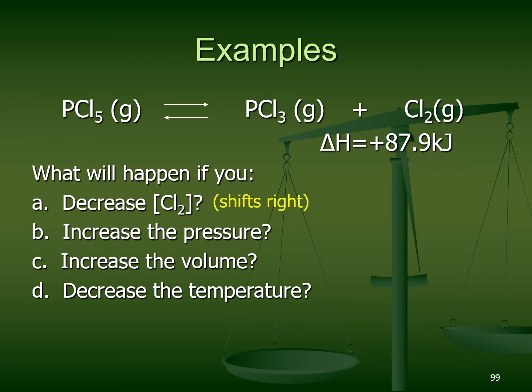If you increase the pressure, increasing the pressure means shifting to the side with fewer gas molecules, which is the left. Increasing the volume, you're decreasing the pressure, which means it will do the opposite, it will shift to the right.